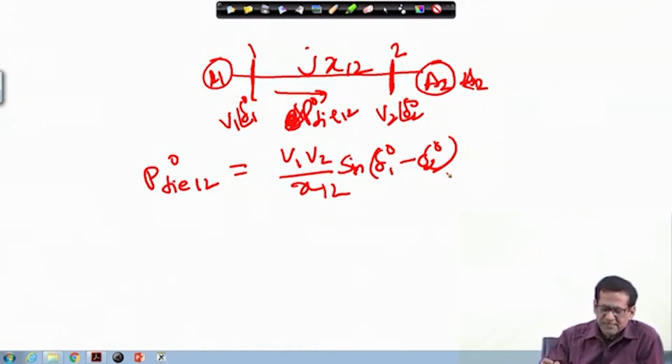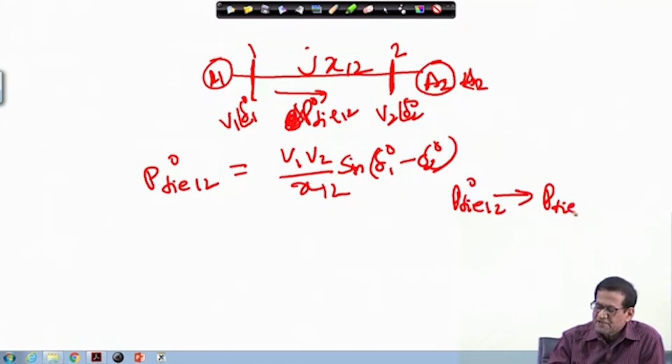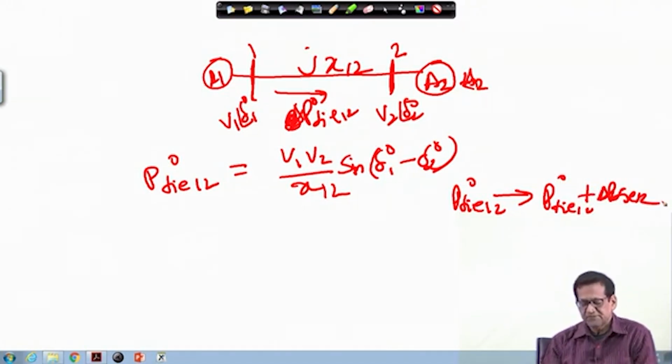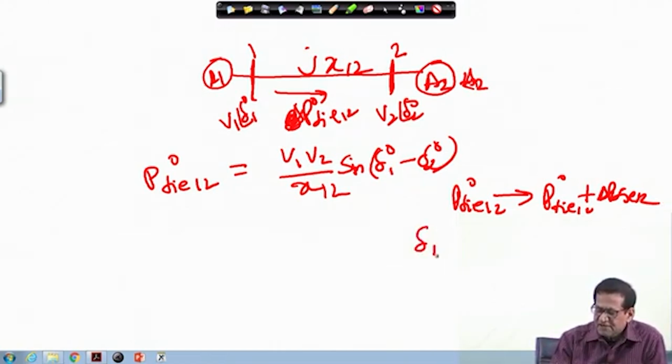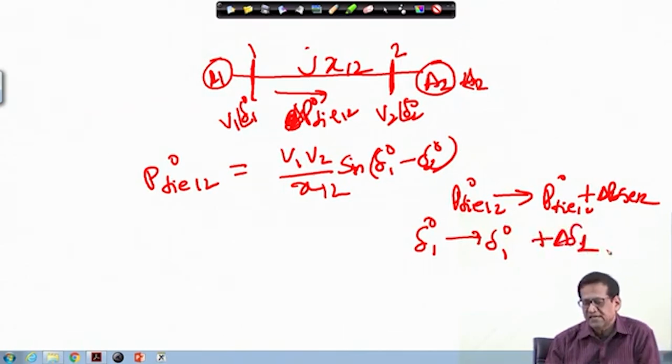change. So, for example, suppose P tie 1 2 0 changes to P tie 1 2 0 plus delta P tie 1 2, right. Similarly, now delta 1 0 will be changed to delta 1 0 plus delta delta 1.